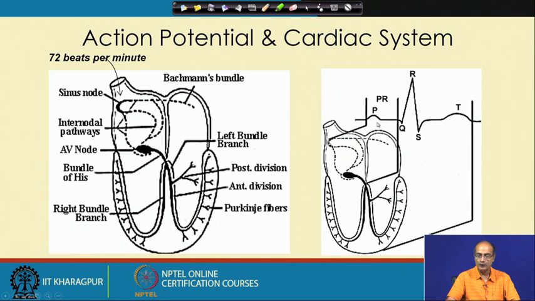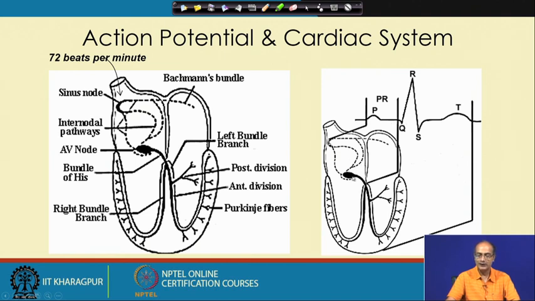Then once they get compressed and remain in that compressed state, the AV node delays that signal. So, we get very little electrical activity, an isoelectric line, this part, the P to R interval or P to Q distance, where there is no prominent electrical signal.